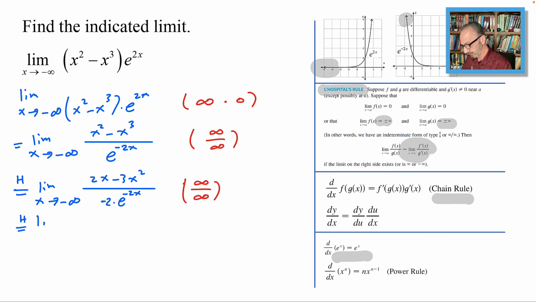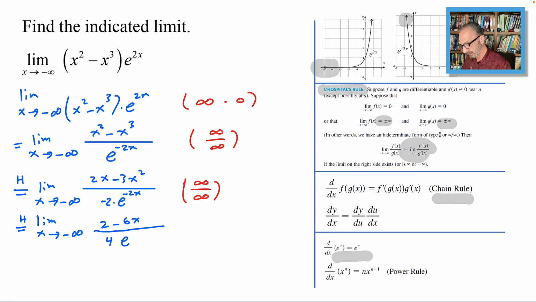Limit as x approaches negative infinity. Let's apply the derivatives. 2 minus 6x over the derivative of e to the minus 2x, which will be e to the minus 2x times negative 2 again. So we end up with positive 4, since I have a negative 2 in the front and another negative 2 will make it positive 4.